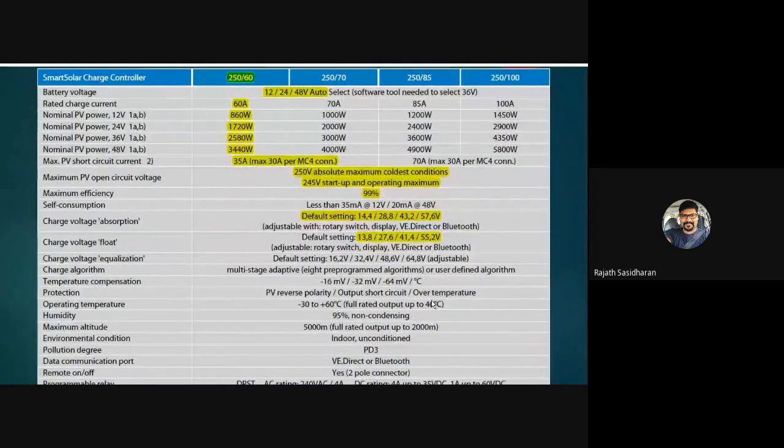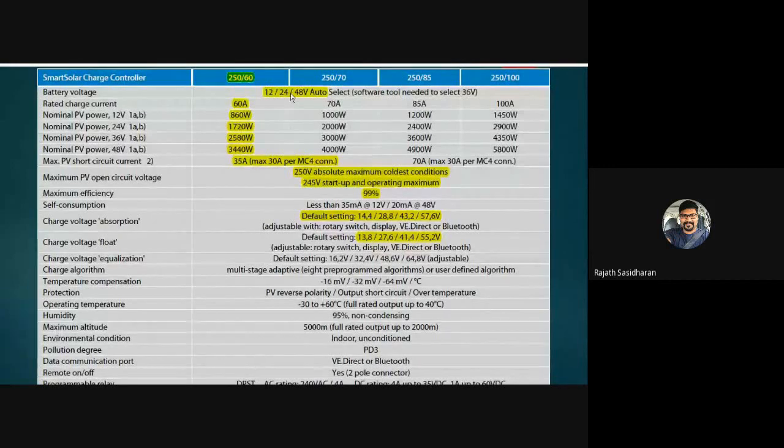If you see a data sheet of a charge controller, you will find a few pieces of information which you really need to focus on. These charge controllers come in different voltage settings. It is already manufactured, pre-programmed. You will see 12 volt, 24 volts, 48 volts. It is not necessary that every manufacturer must follow this, but a good quality charge controller comes with different voltage settings.